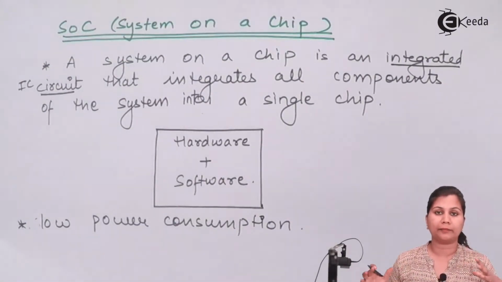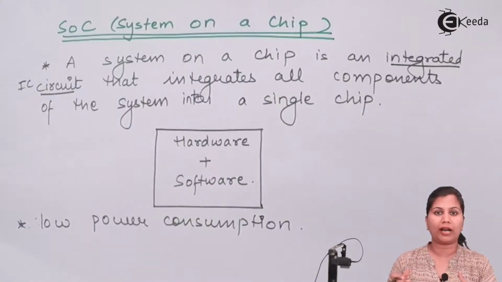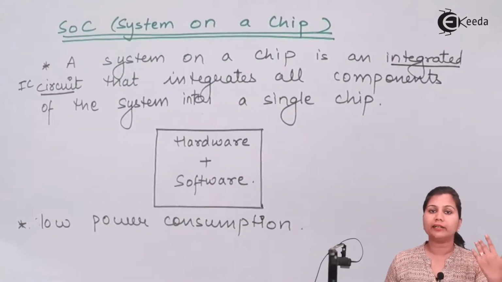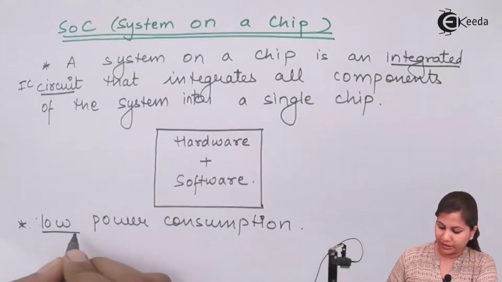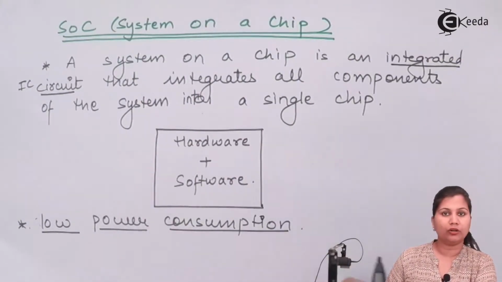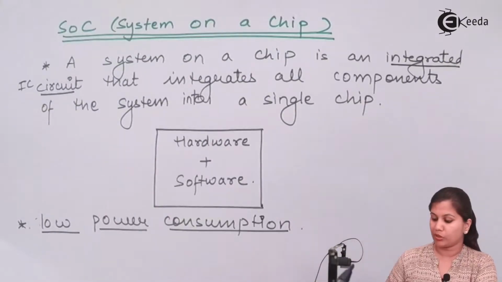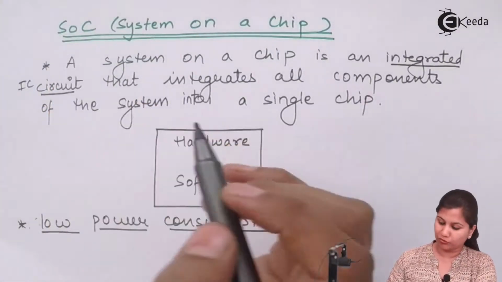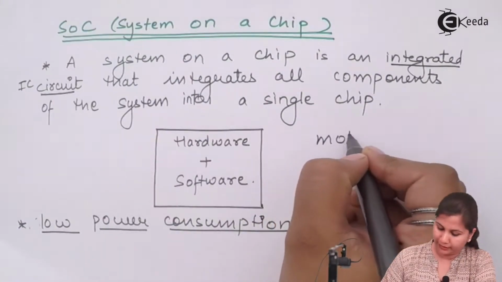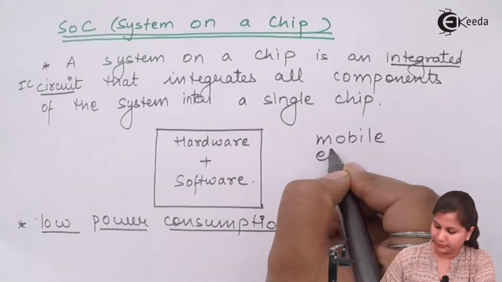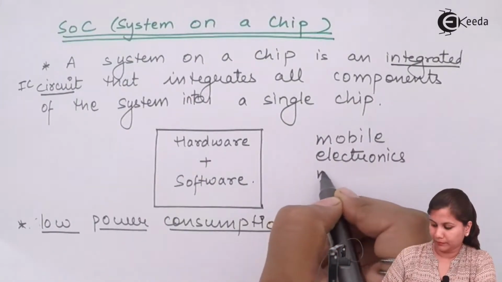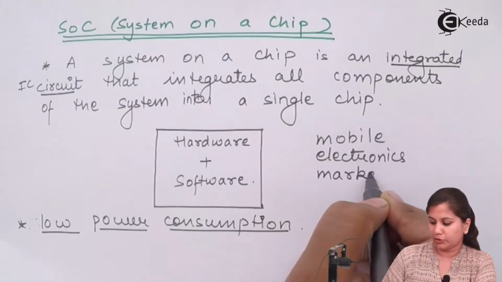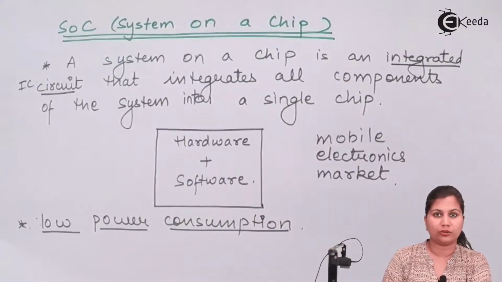If they are present apart from each other or at a distance from each other, then more power will be required for their operation. So its advantage is that it provides very low power consumption. And the embedded systems which are in the mobile electronics market are mostly using this technology, that is this system on a chip form.